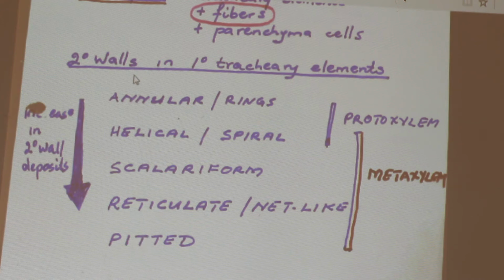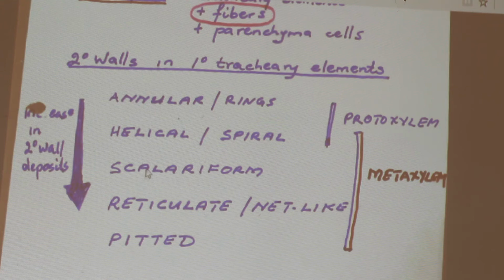If you look at the patterns, you will see that when it is an annular pattern, we only have the thickening in a ring, and in between we have a thin wall. When it is helical, the thickening is a little bit more because it is connecting two rings together and going on to the next.